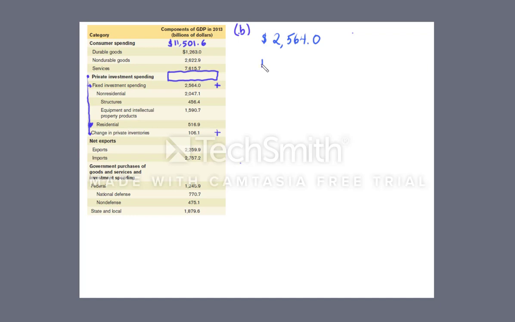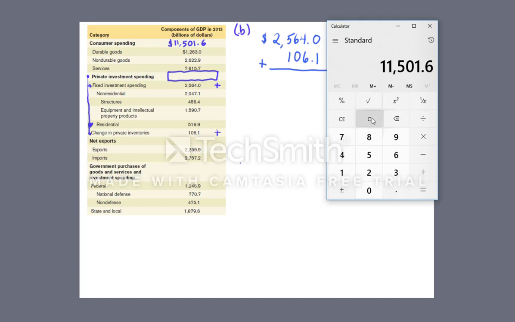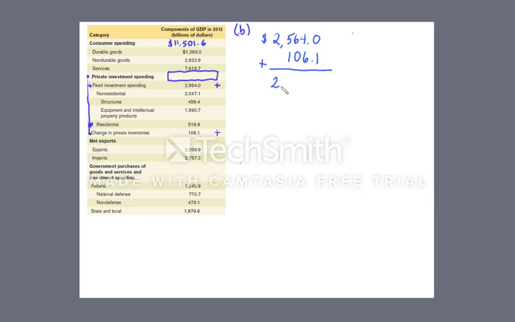And if I get my calculator out here, we have 2,564 plus $106.1 billion, and we have 2,670.1. So private investment spending is 2,670.1.